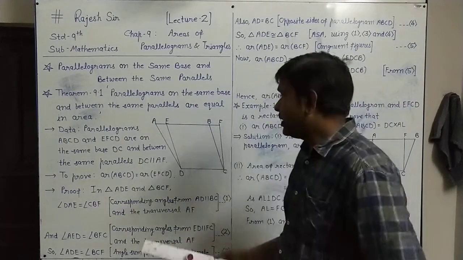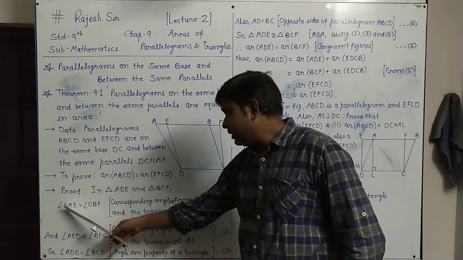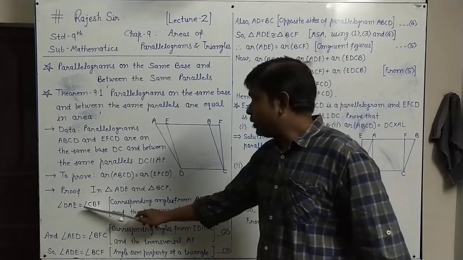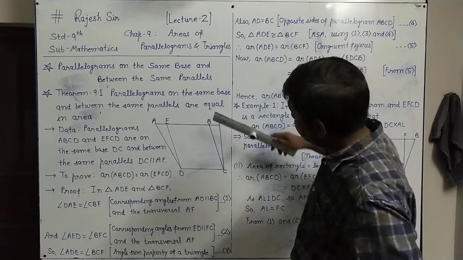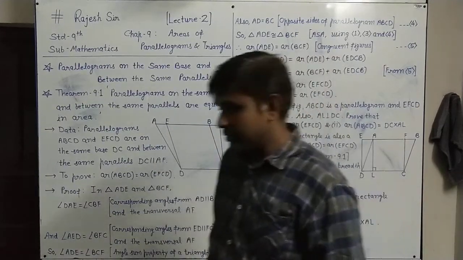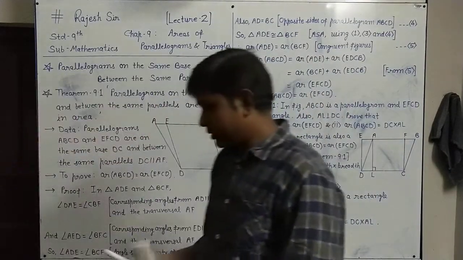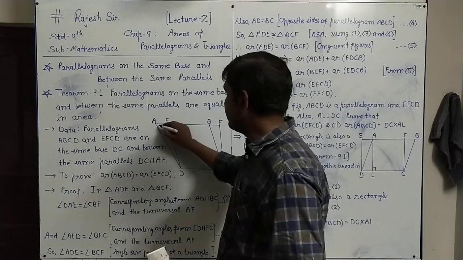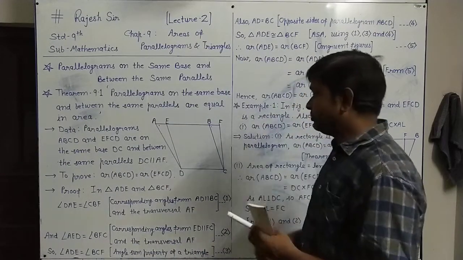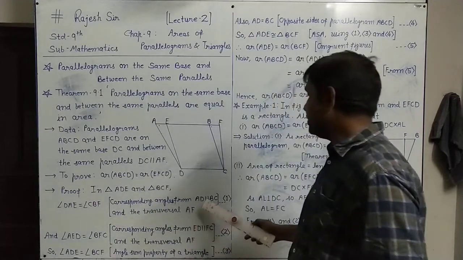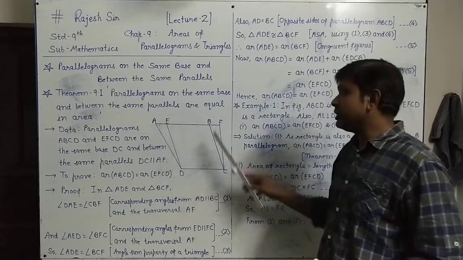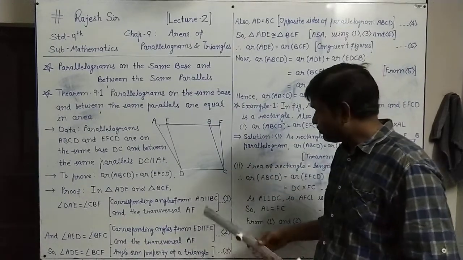First of all, we can say angle DAE, this angle, equals angle CBF, this angle. These two angles we are showing equal. The reason is that they are corresponding angles from AD parallel BC. AD parallel BC is there because ABCD is a parallelogram and opposite sides are parallel.